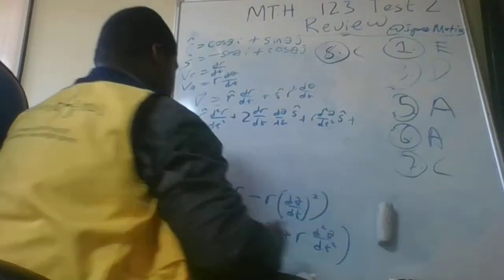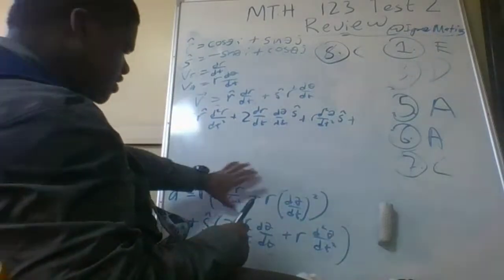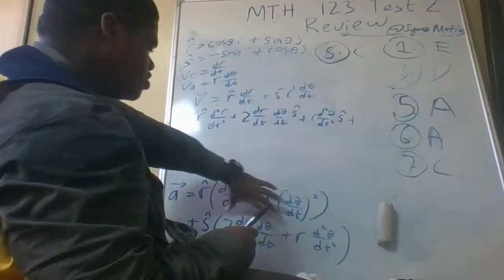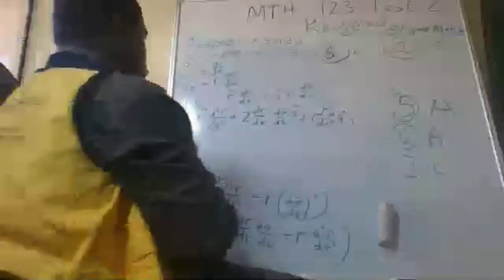So this here is our radial component of acceleration, and this is our transverse component of acceleration.